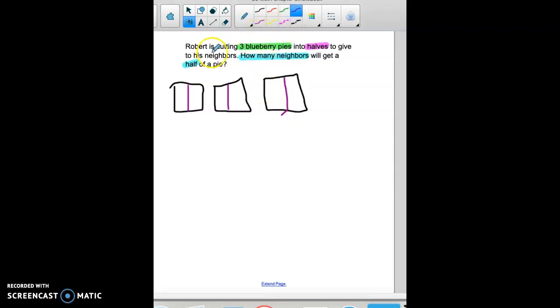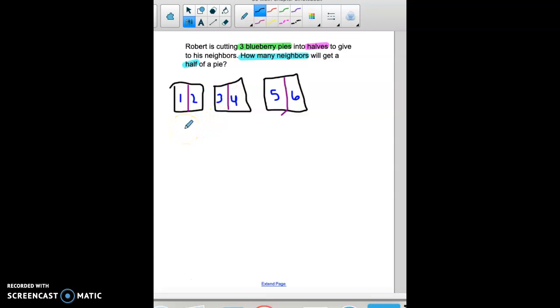And in the problem it says, how many neighbors will get a half of a pie? So if he can give each neighbor 1/2, how many neighbors can he give half of a pie to? He can give 1, 2, 3, 4, 5, 6 neighbors half of a pie. What would the equation be?